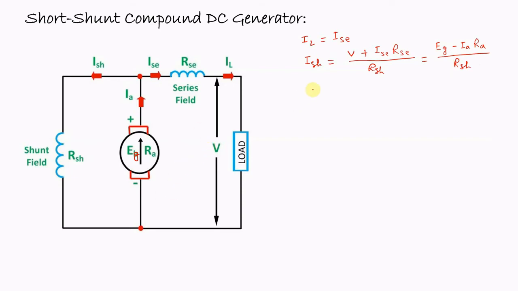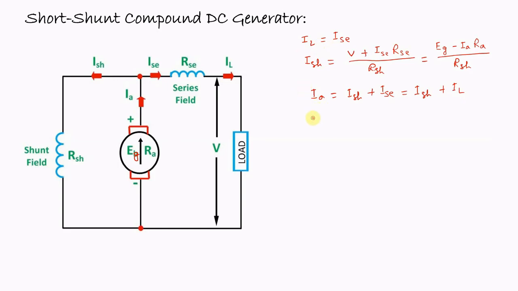Here the armature current is IA, and this current divides into two parts. So it is equal to the shunt field winding current plus series field winding current, and it can be further written as shunt field winding current plus load current, because ISE is equal to IL here.